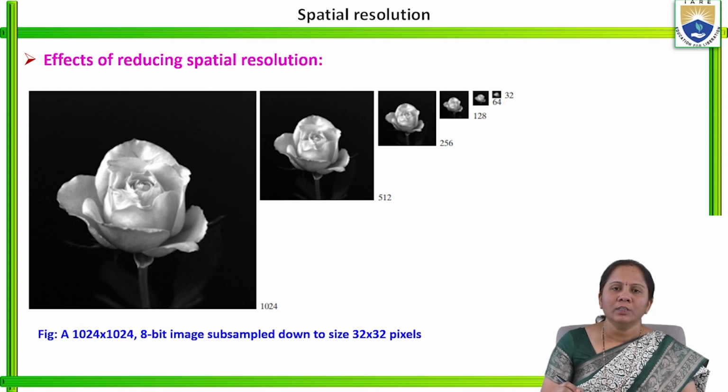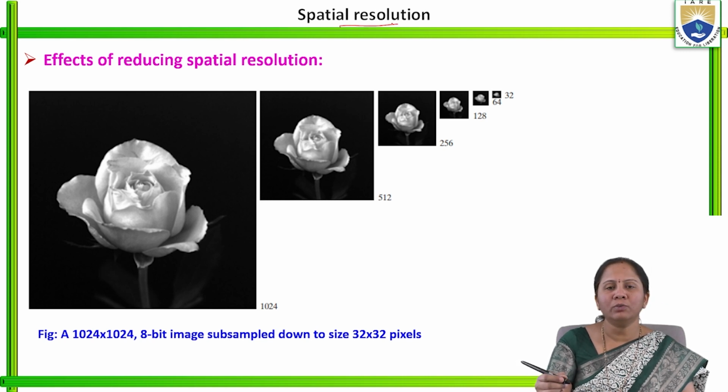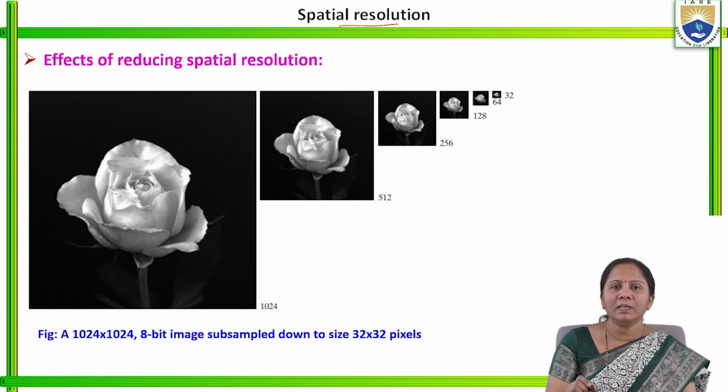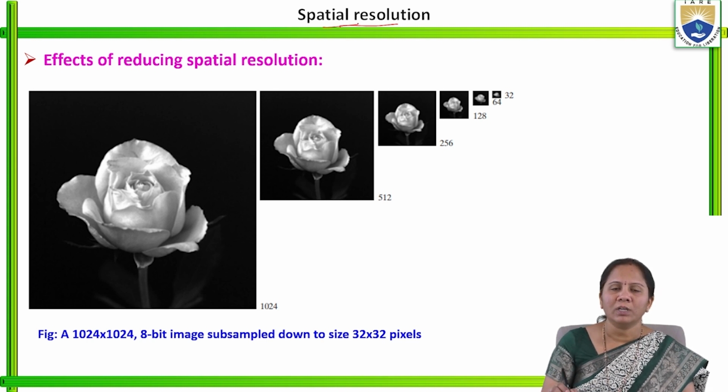Now, coming to the detailed discussion about spatial resolution. We have to have a smallest change in the spatial coordinates, that is the values of x and y, which represent the number of rows and columns. So we can consider this figure in order to clearly understand what spatial resolution is and how the quality of the image will be.